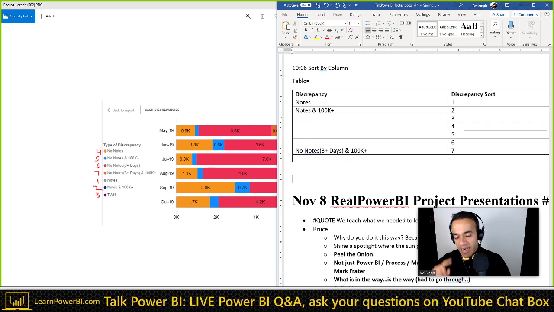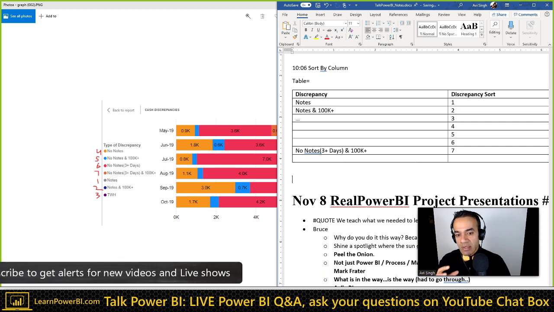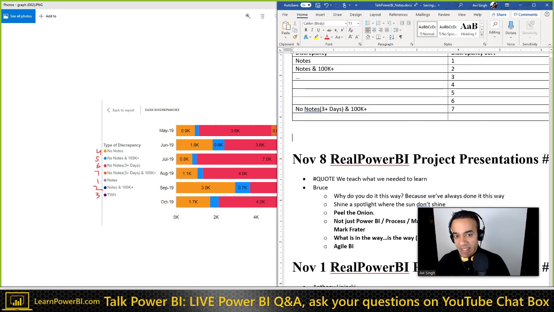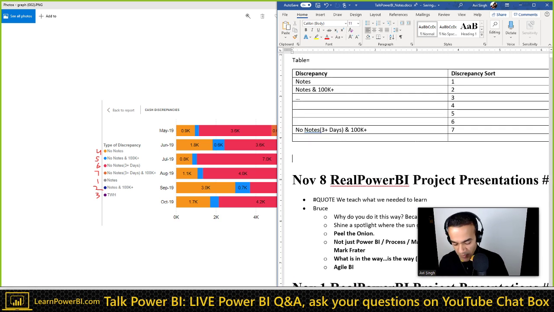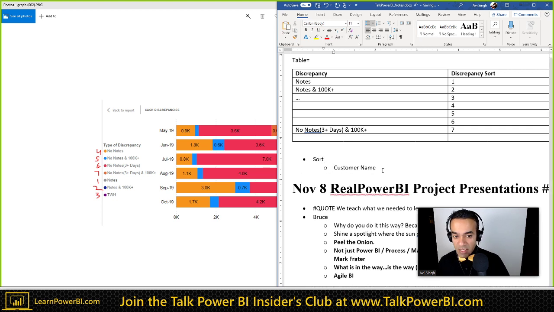So the next level is maybe it wouldn't apply in this case, but it's possible that you would run into it in some cases. And the course has an example of that too, which is that sometimes you want to sort it not alphabetically. In the course, the example is customer name.